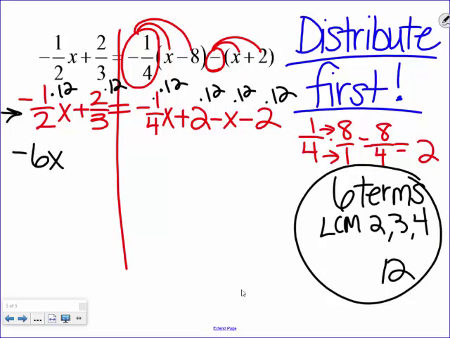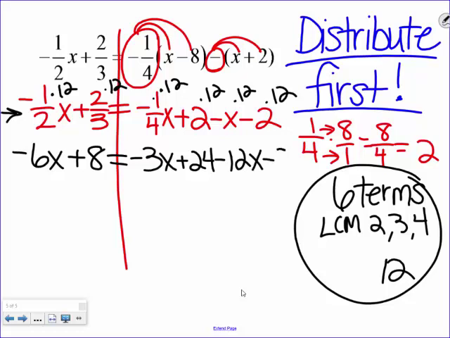So 2 times 12 is 24 divided by 3 is 8. 1/4 of 12? 3. Negative 3x, good. 2 times 12? 24. Negative x times 12? Negative 12x. And negative 2 times 12? Negative 24.